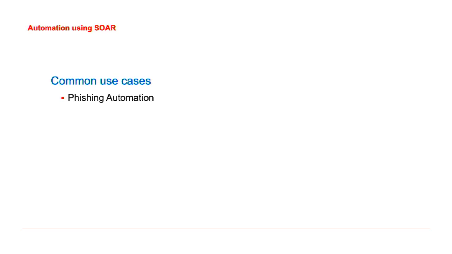So some common use cases for SOAR. Number one, again, is phishing automation. All the vendors that I've talked to have told me that phishing automation is the number one reason people are going out and looking at their products. And it's no surprise. We spend a lot of time on phishing. Context enrichment is another thing. People just want to be able to add intel to alerts without having an analyst go out and search and build those cases up.